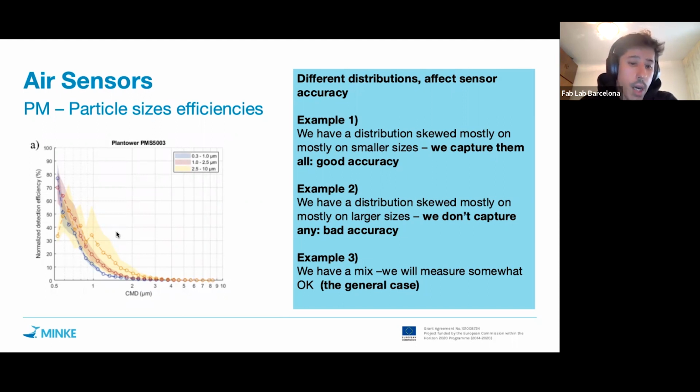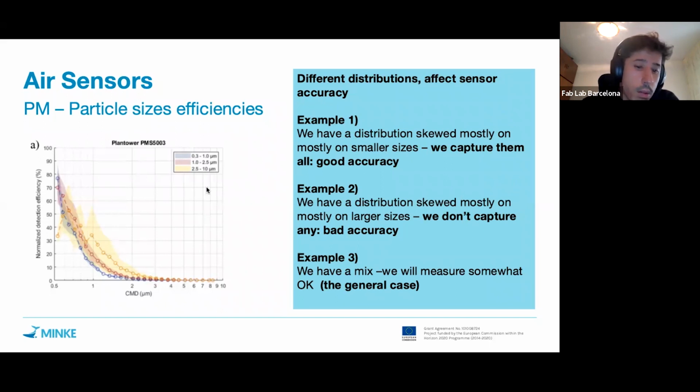But what happens if we are in the center? So what happens if we have a distribution that is equally distributed on both? So basically, we have an okay efficiency, we could say, because we will be missing some particles and capturing others very well.